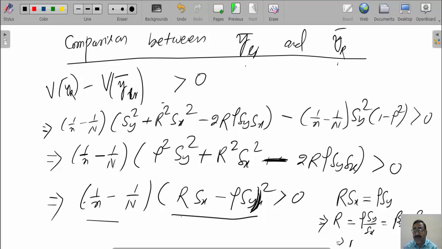So when r is equal to beta, the linear regression estimator and the ratio estimator are equally efficient.